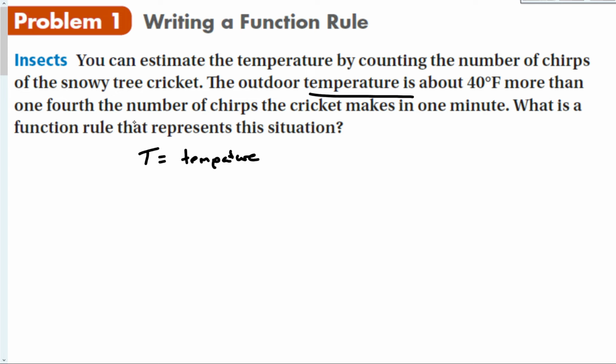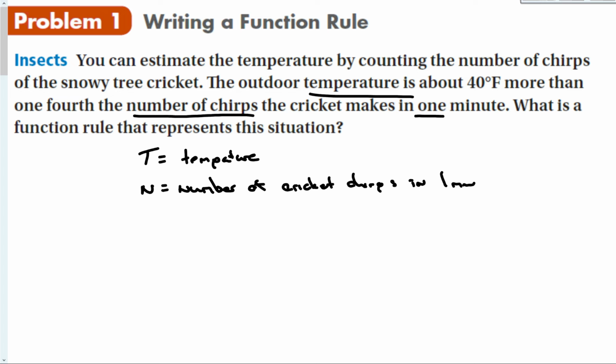And we have the number of chirps that this cricket makes. So let's use n for number. So that's going to be the number of cricket chirps in 1 minute, right? Because that's what it says right here.